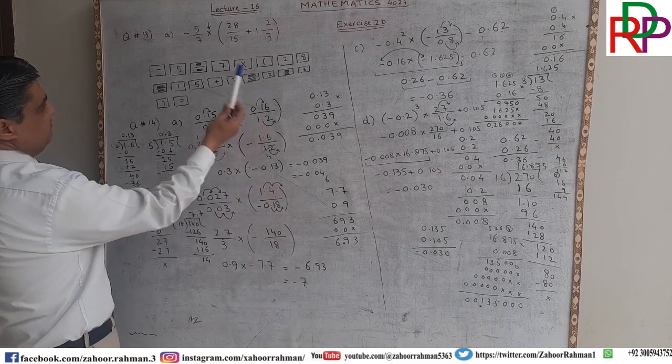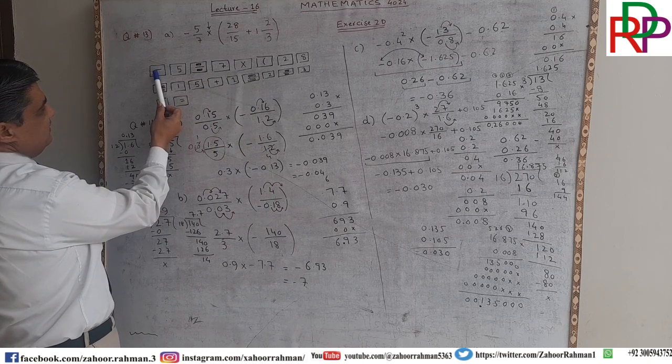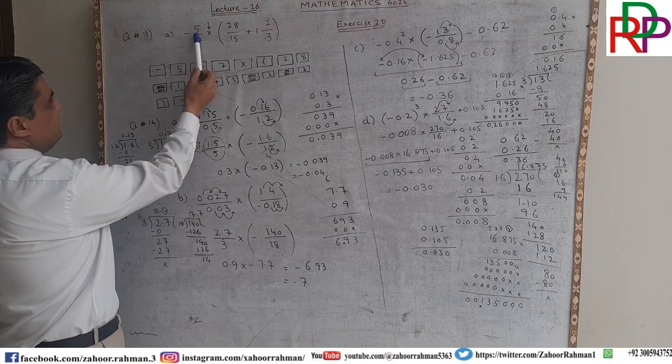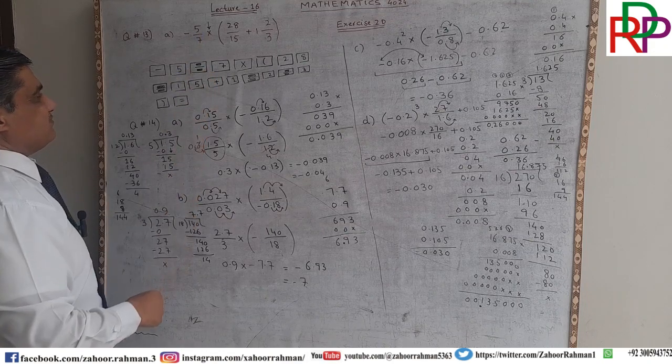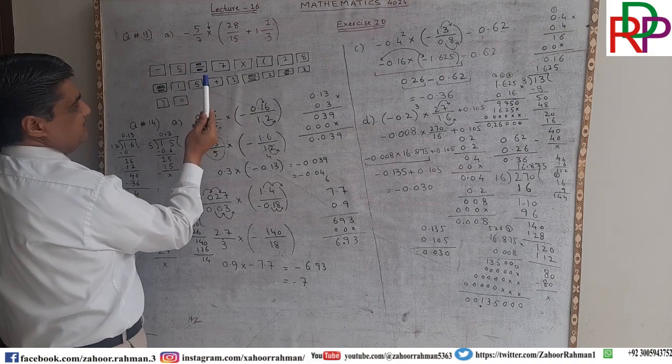Nothing special is there. First is the minus, so you have to press the minus button. Then second is 5, then you press the 5 button. When there is a division symbol, you press this division symbol.